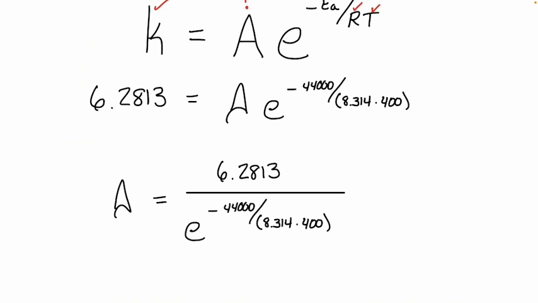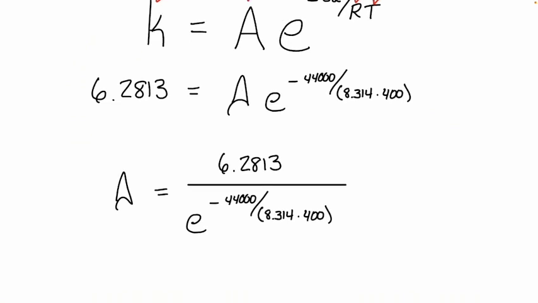E is just a number raised to some power, okay? So I can just take both sides and divide it by e raised to that power.